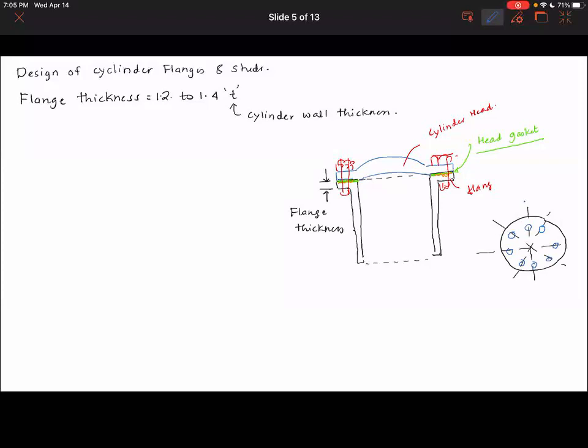So the equation is these bolts should be able to withstand the force, the maximum gas force.